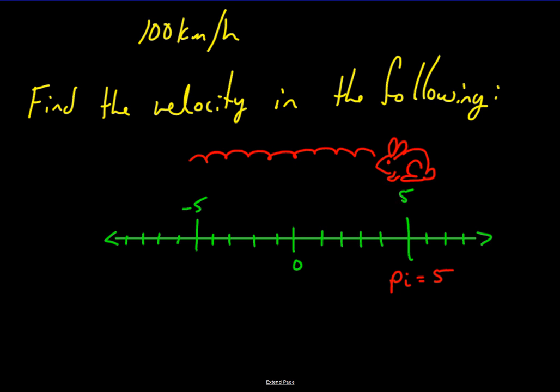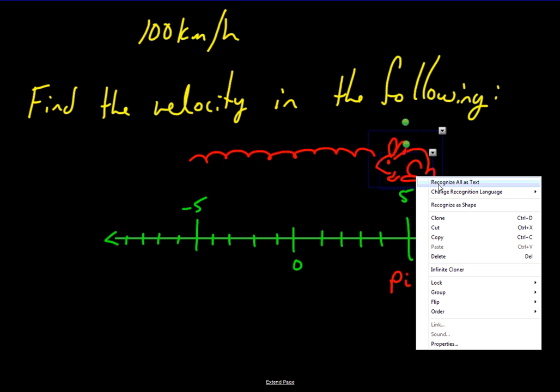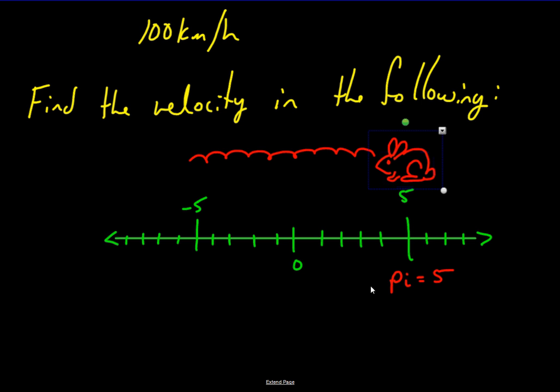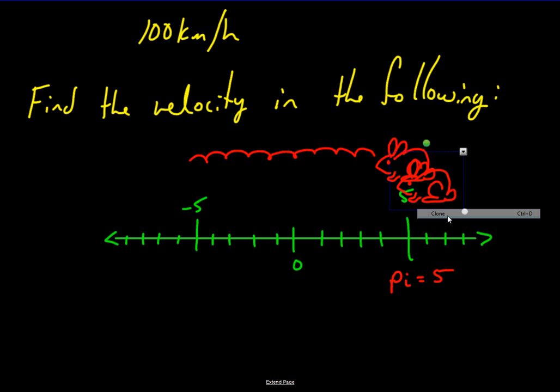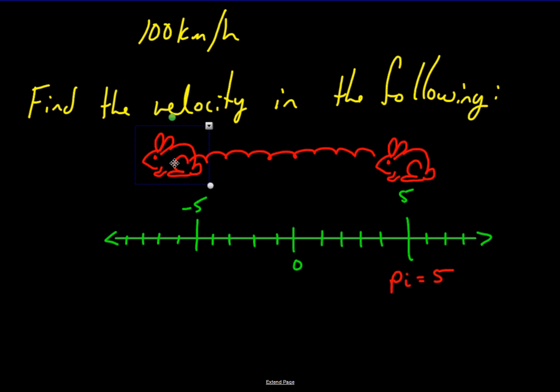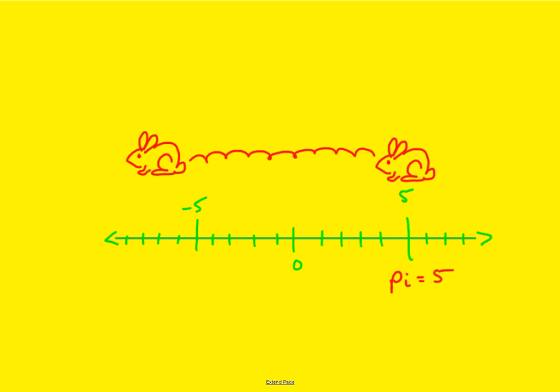So instead of redrawing it, if I just lazily work some magic here, I say something like group and clone it, and then my bunny just comes over here. Look at that. It's like cheating, but not really.